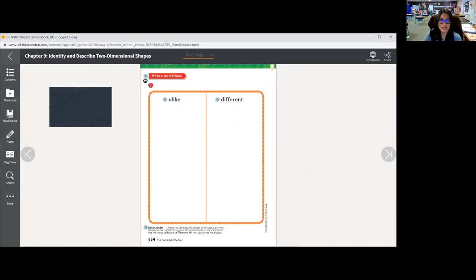Okay, so it says, place 2-dimensional shapes on the page. Sort the shapes by number of vertex. Draw the shapes on the sorting map. Use the words alike and different.